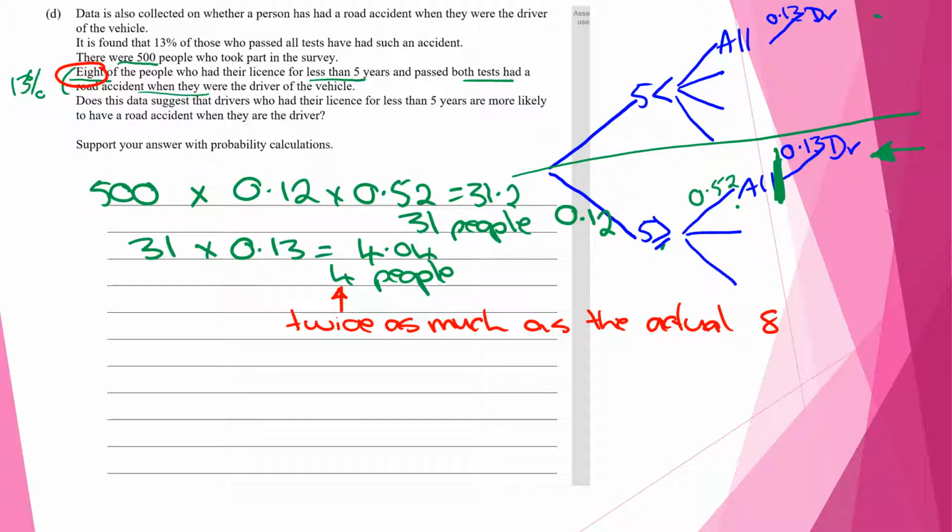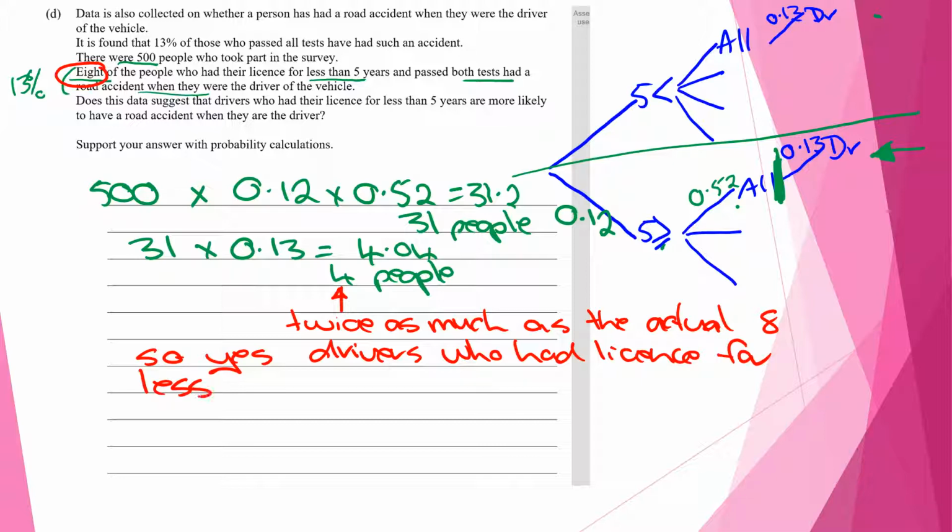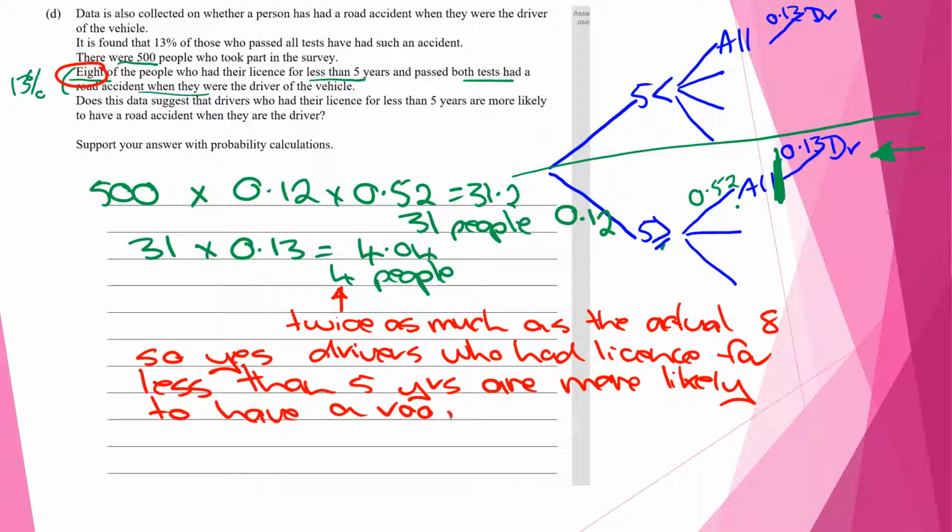So then we could say, what does this data suggest, that drivers who had their license for less than 5 years, or 5 years or less, are more likely to have a road accident, etc., and be the driver.